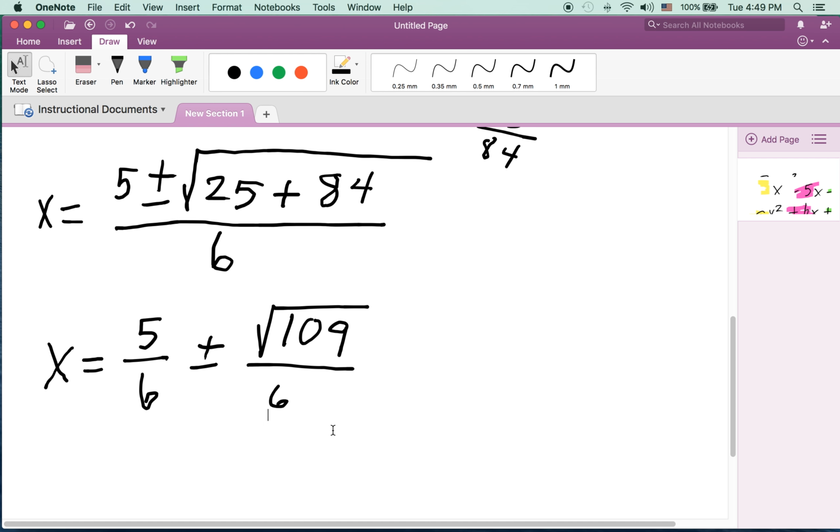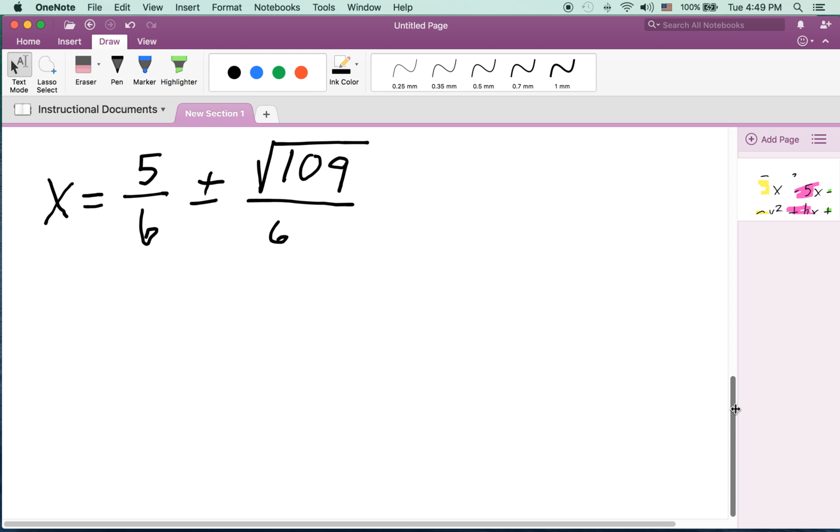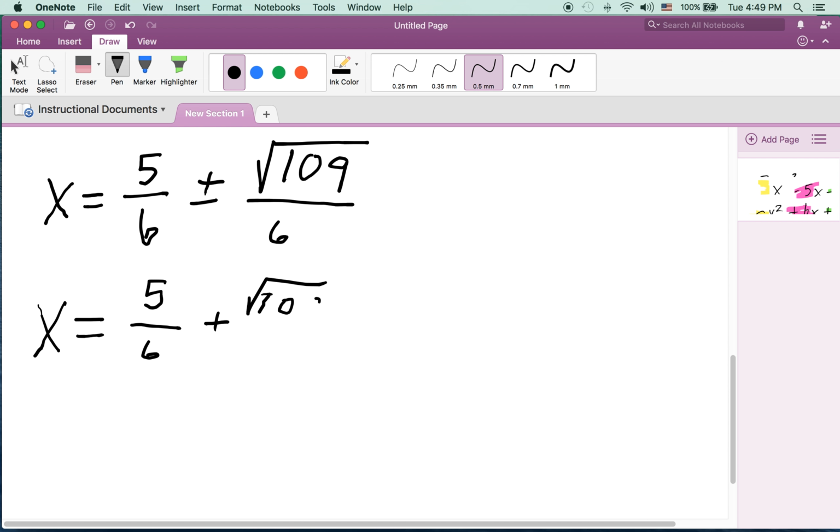If we want to be really specific, just to make sure we all understand what plus or minus means, we can say x has two values: x equals 5 over 6 plus the square root of 109 over 6.